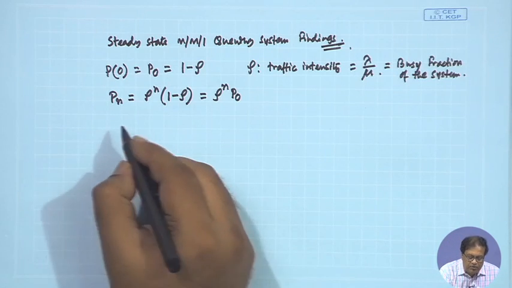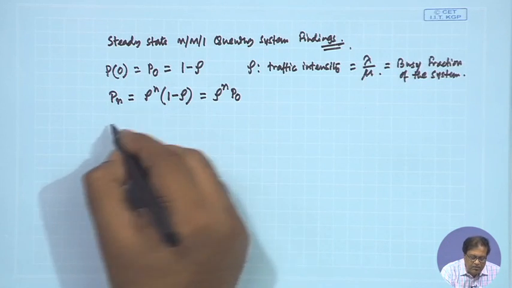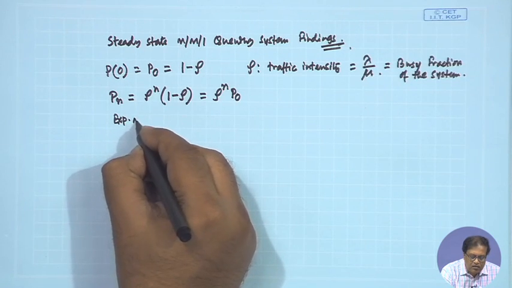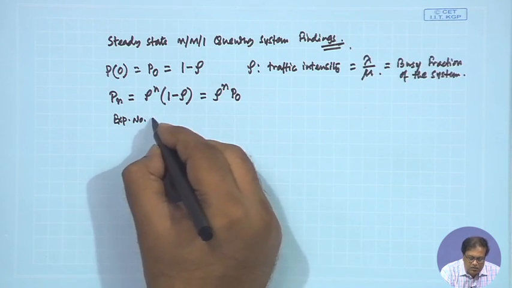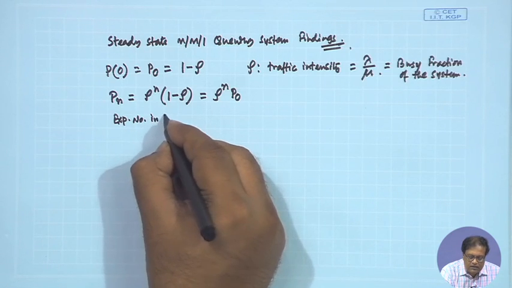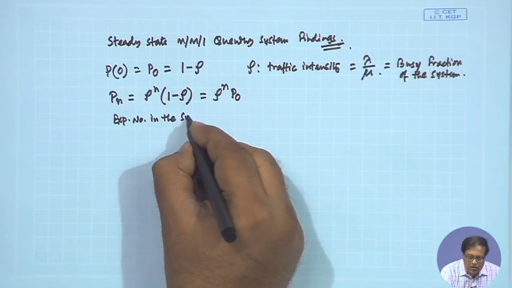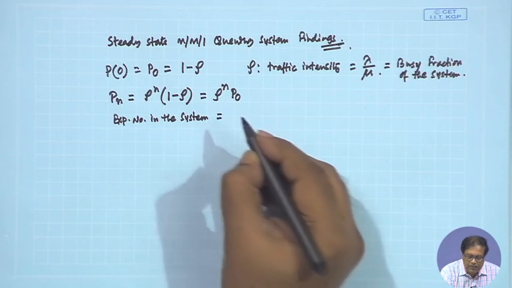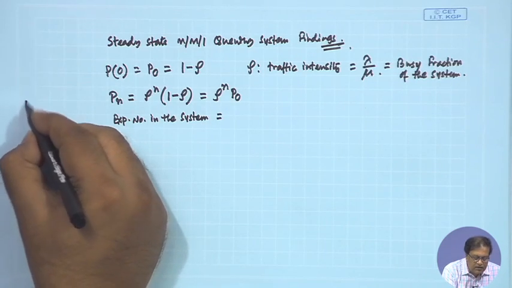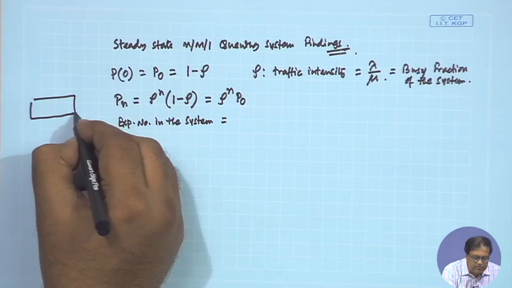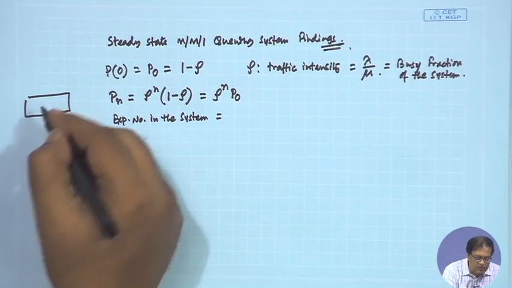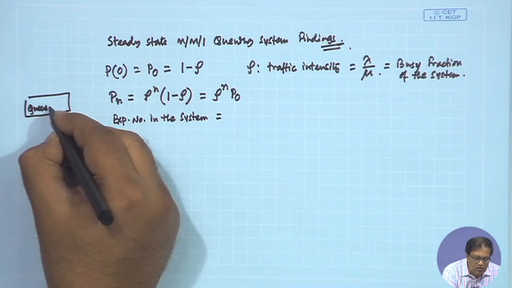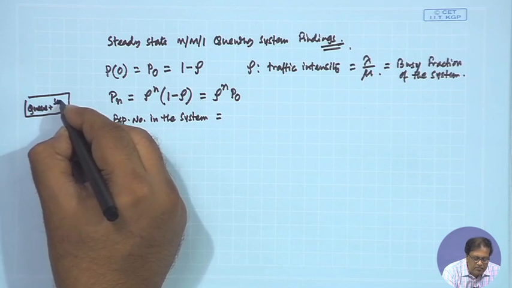There are a few more results, which are also very important: the expected number in the system. Please recall what a system is. Let us draw very quickly here, this is the system. The system includes the queue and the service channel.